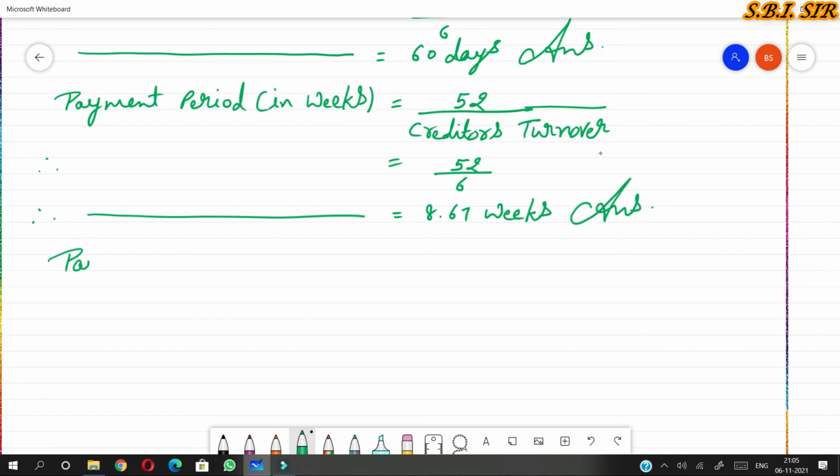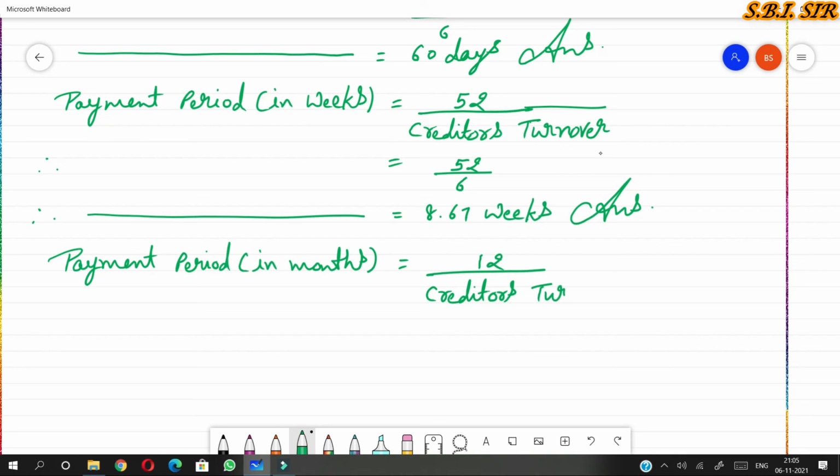Then we have to find out payment period in months, and in a year there are 12 months. 12 divided by creditors turnover. 12 divided by 6, we will get 2 months, and this is the payment period in months.